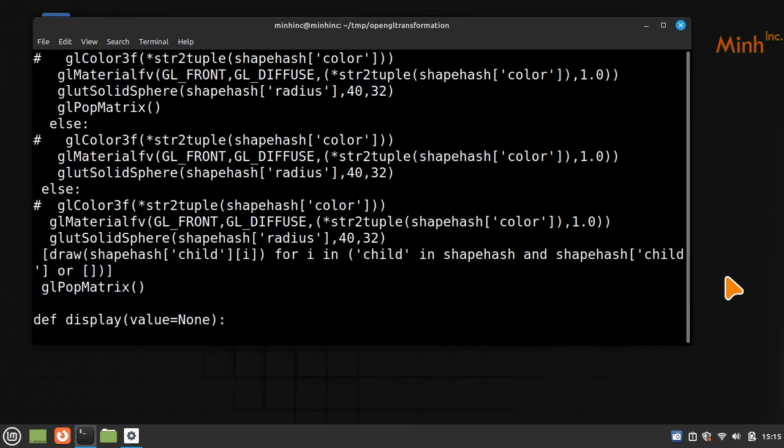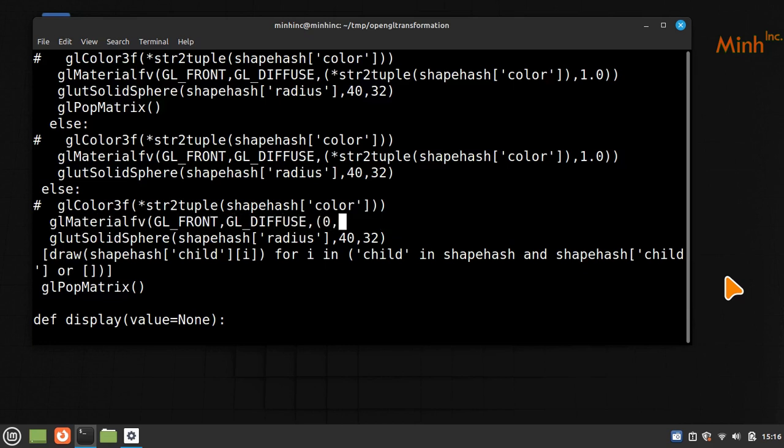Now here there is a catch. Here with glMaterial diffuse, we don't want it in the sun, because the sun should glow on its own. So we'll make GL_FRONT diffuse as 0.